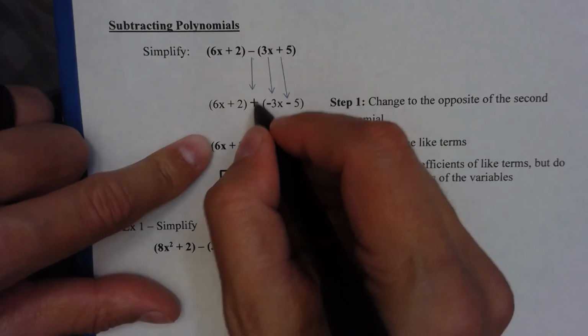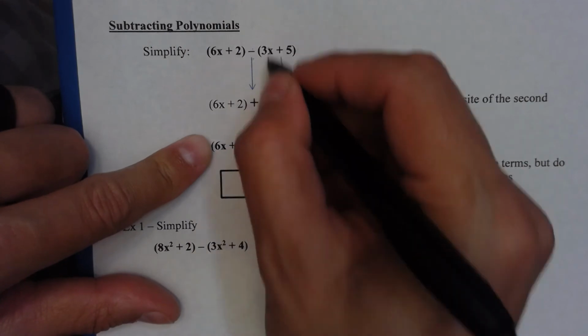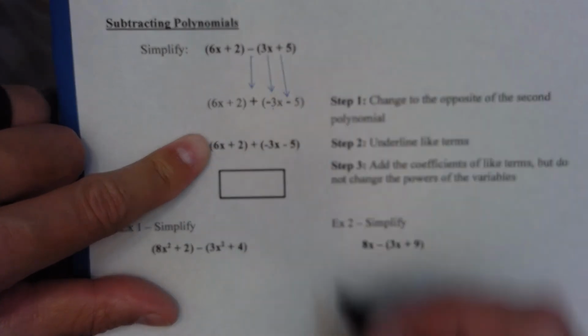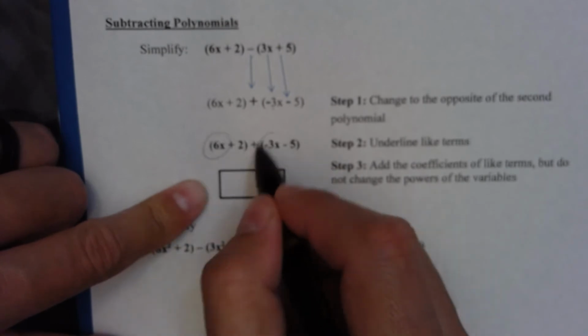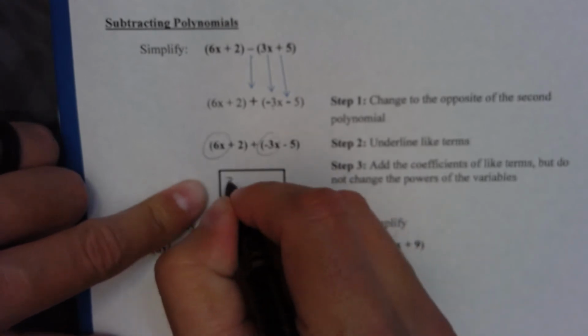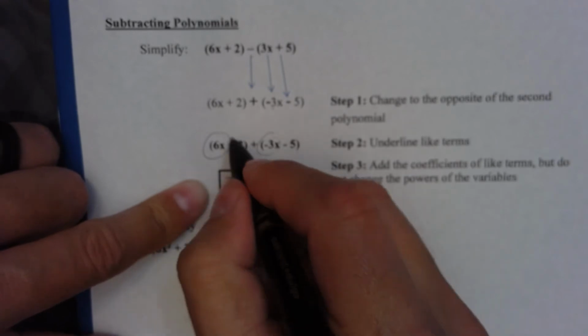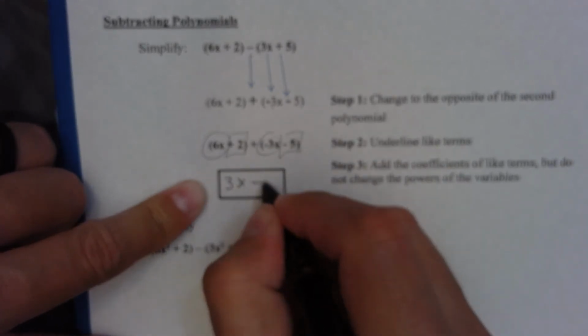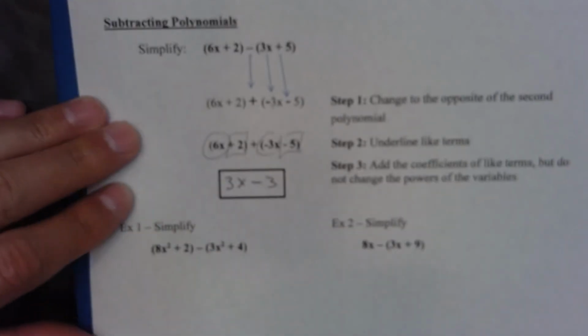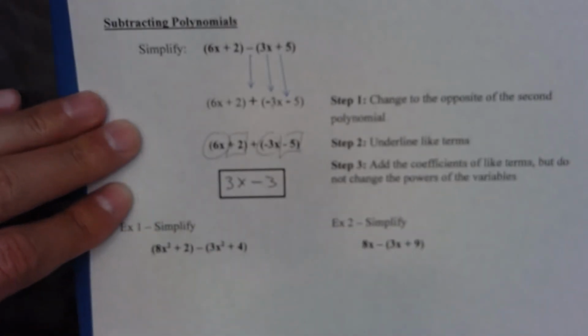So what I'm going to do is make this a positive, that a negative, and that becomes a negative. So now when I put these together, this 6x and this negative 3x, that's 3x, and this positive 2 and this negative 5 becomes negative 3. And there you see that?